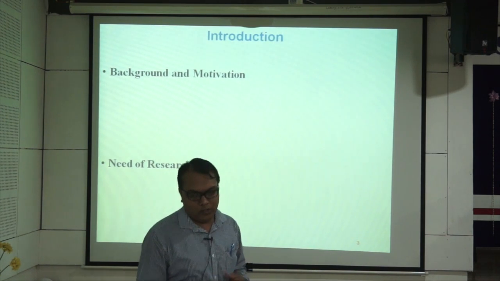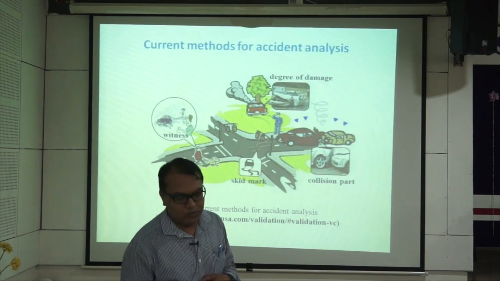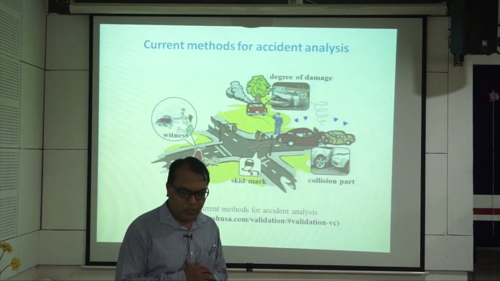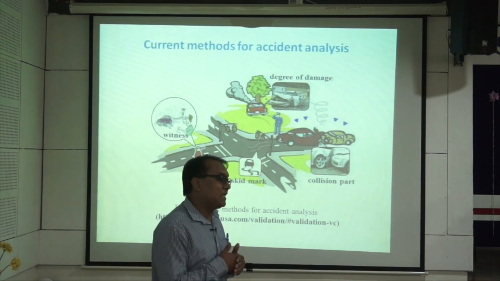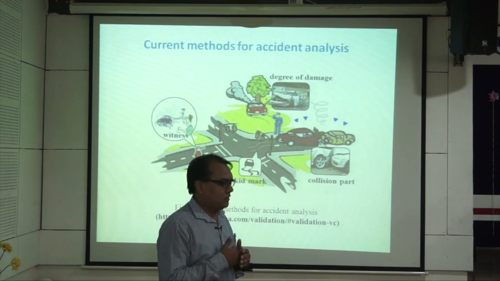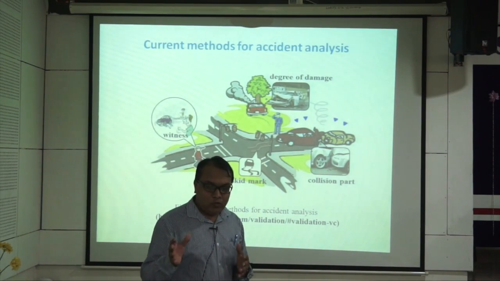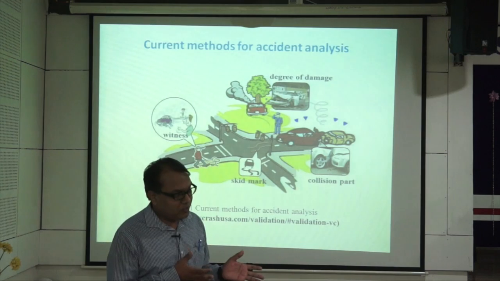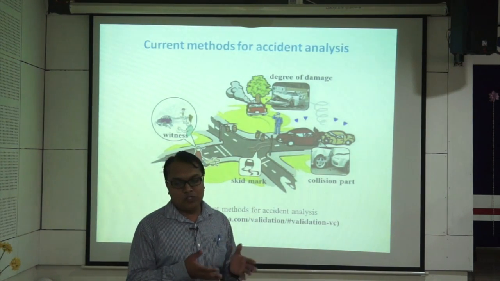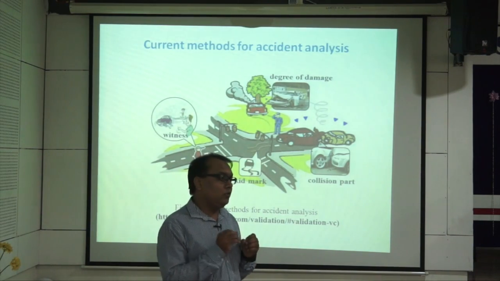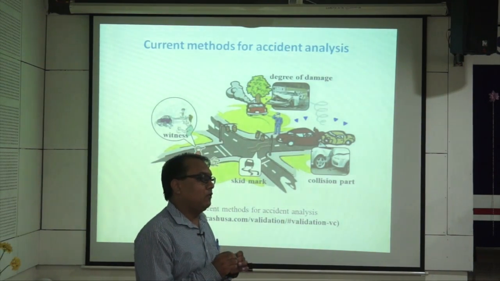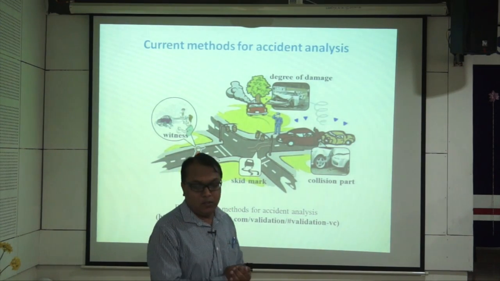The main motivation behind the research is that, if we see this figure, then we can observe that in order to find the exact reason behind an accident, one has to go to the physical witnesses present there, one has to look at the skid marks, and one has to identify the degree of damage in order to reach only one conclusion about the exact cause behind the accident.